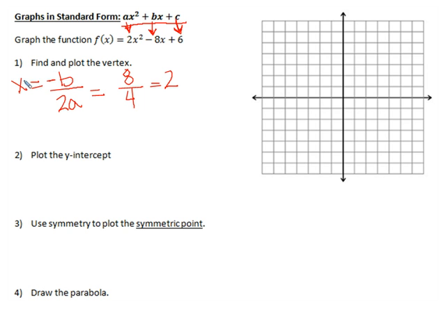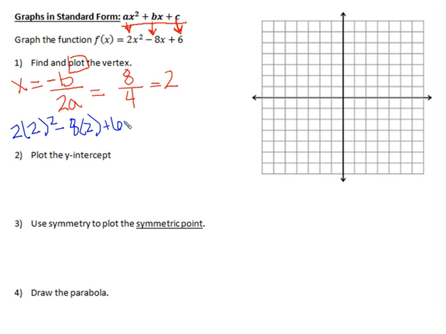All right, so we found the x value of the vertex, but what we can do is use this x value to help us find a y value, because if I want to plot the vertex somewhere on a graph, I need to know an x and a y value. So let's take this number 2 that we found and plug it in for our x's and see what our y value is. All right, so 2 times, I'm going to plug in 2 for all of these x's.